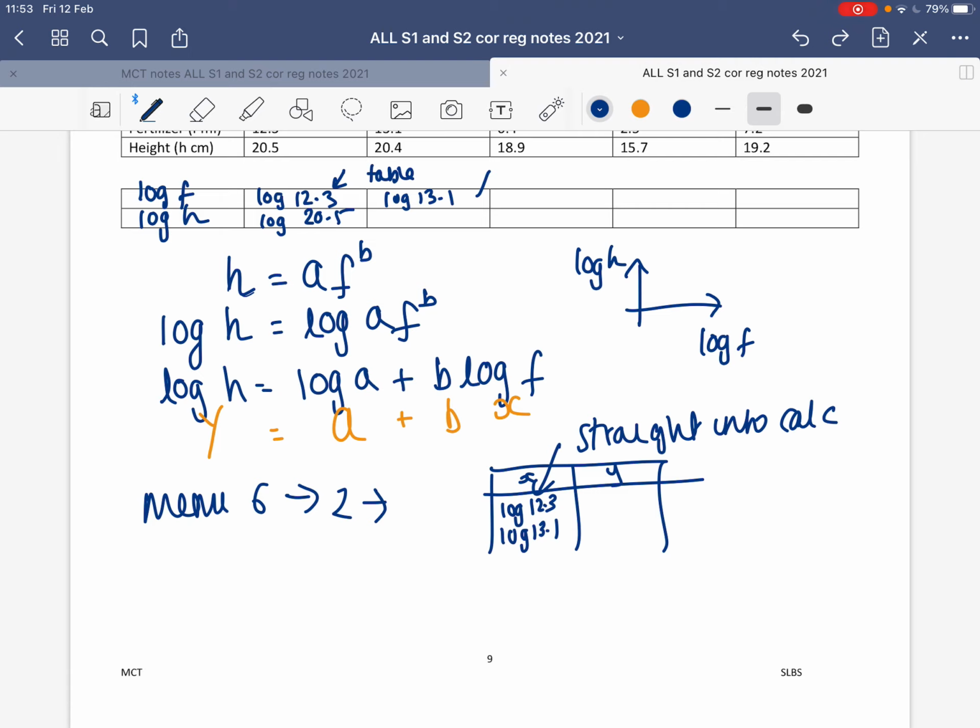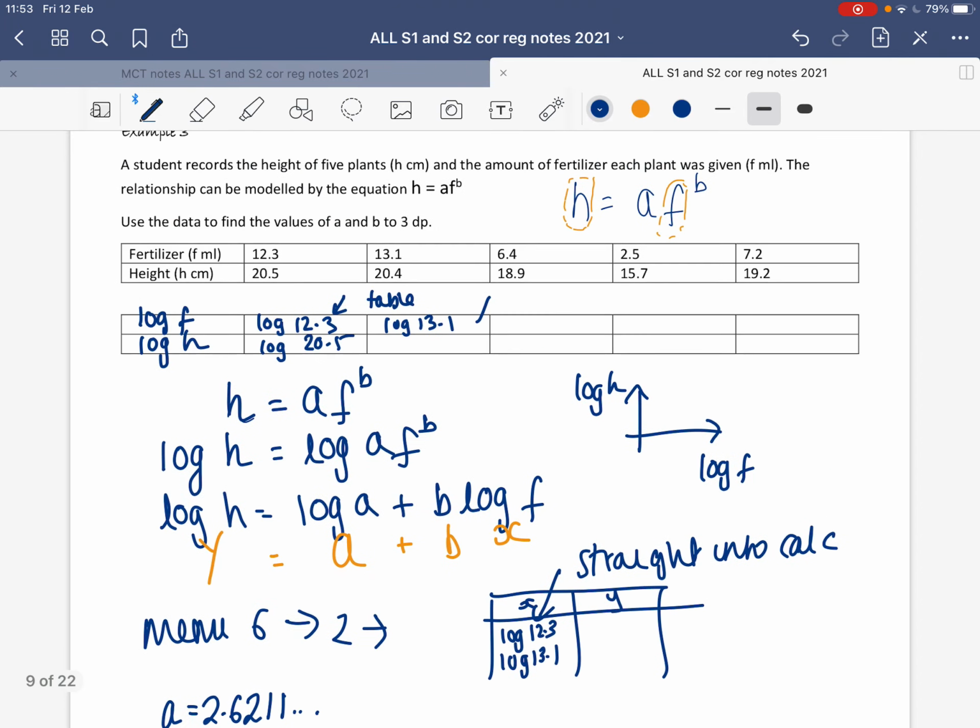When you do that and you ask for two variable calculations, you're going to get your value for A, which is 2.6211, blah, blah. You're going to get your value for B, and I always write down my value for R in case it comes in handy in a minute.